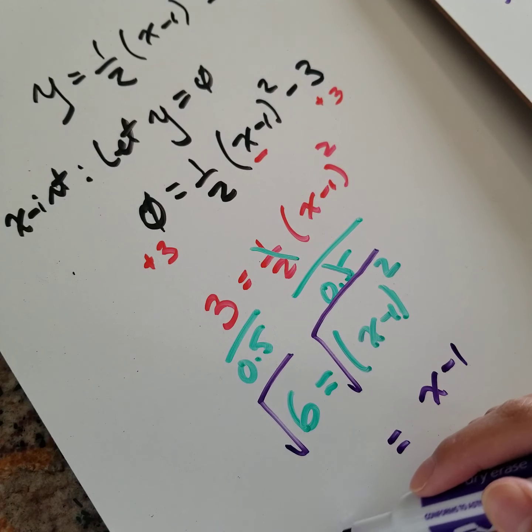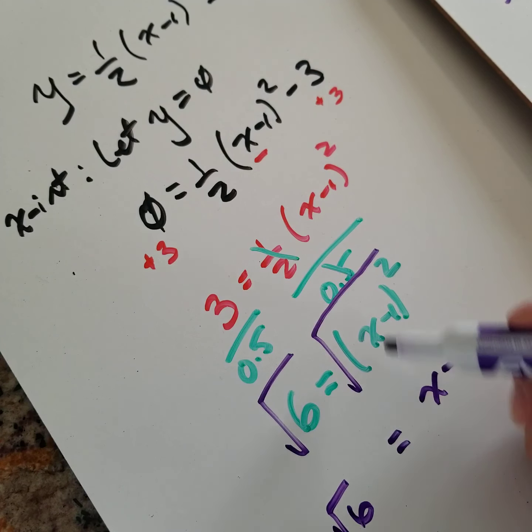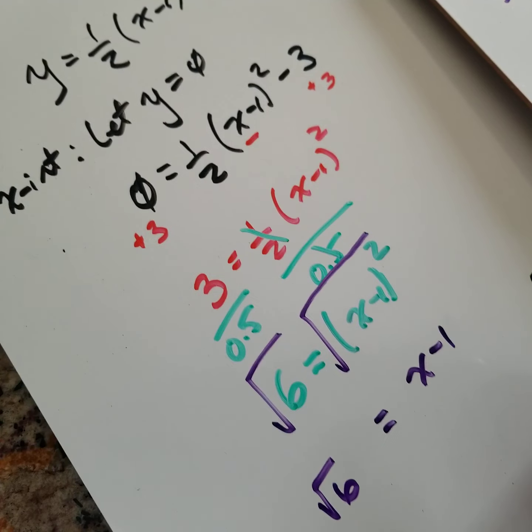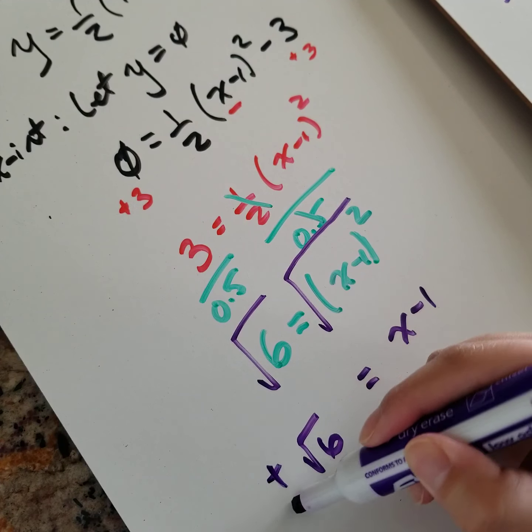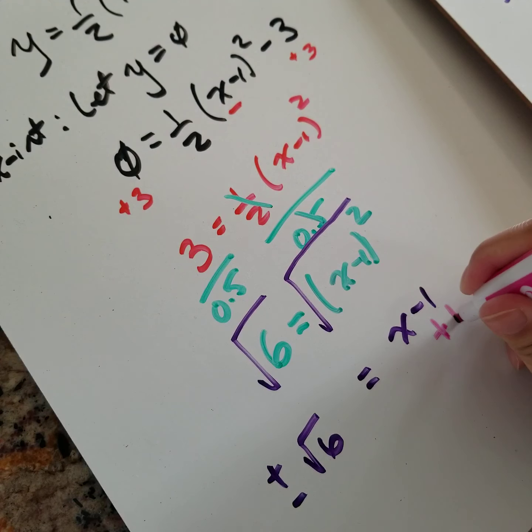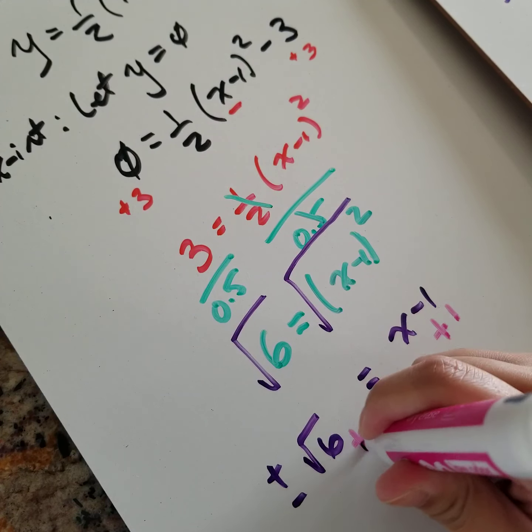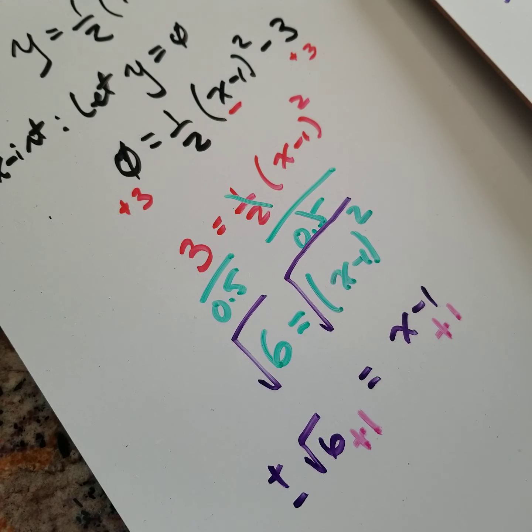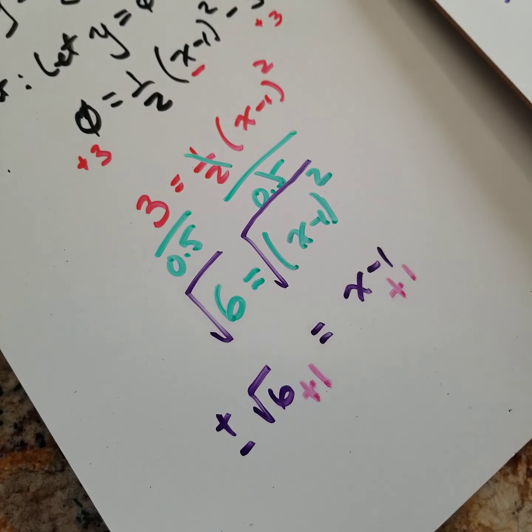I'm actually going to leave it like this first. And remember, anytime that you square root a number, you always have 2 answers. One's going to be positive and one's going to be negative. And then for the last part to isolate for x, it's being subtracted by 1, so let's add 1 to both sides. So I'm actually going to have 2 answers, which is expected. This is the parabola that opens up on the x-axis, so I should have 2 answers for that.